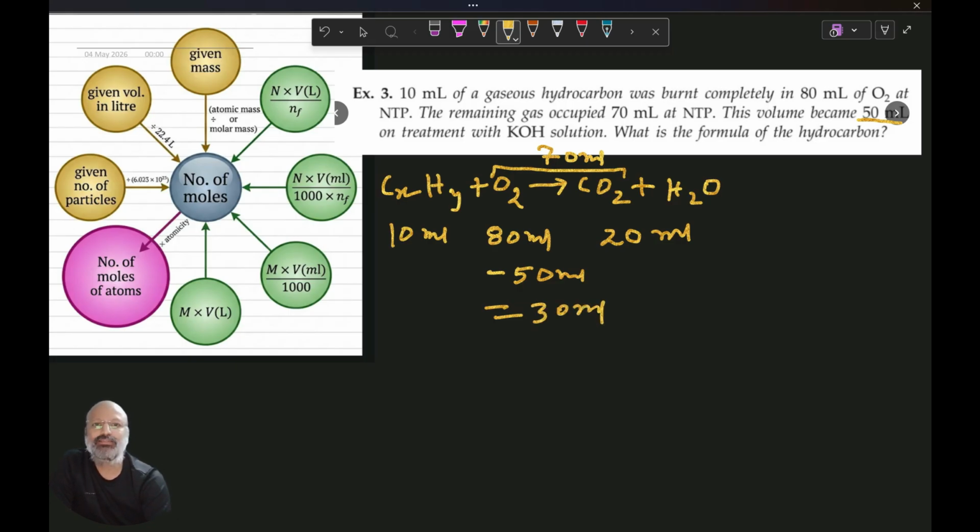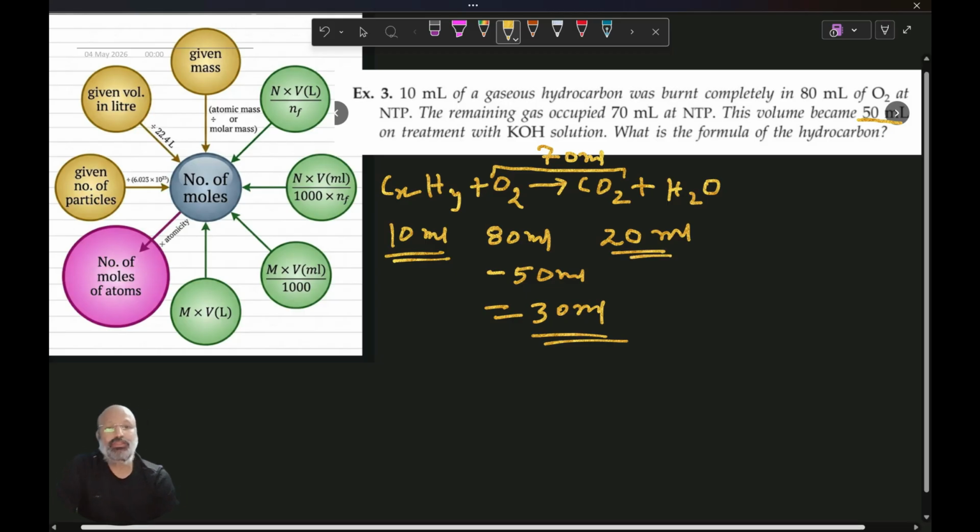So now we understand that 10 ml of this hydrocarbon reacts completely with 30 ml of oxygen and produces 20 ml of CO2 gas, but we don't know anything about water. Now our job is to find out what X and Y are.